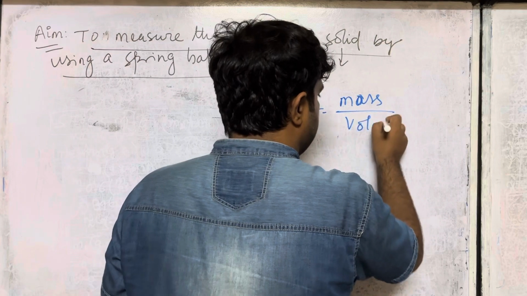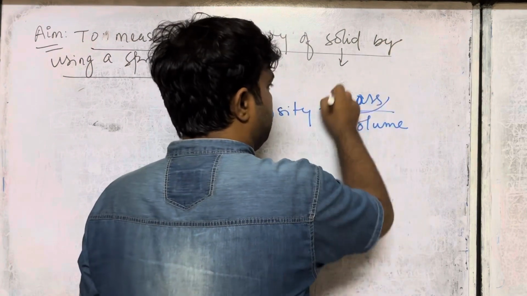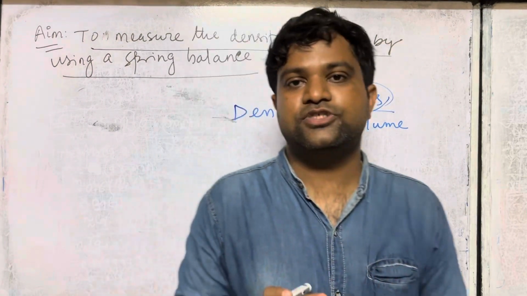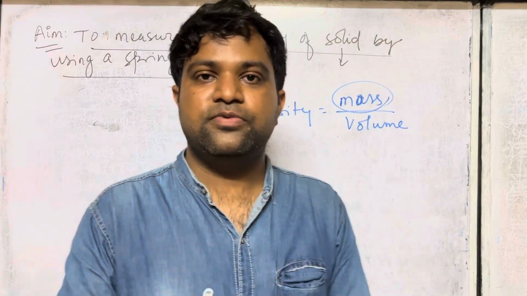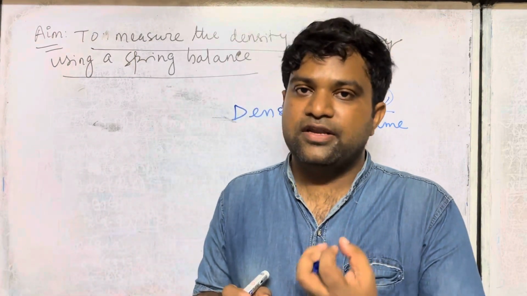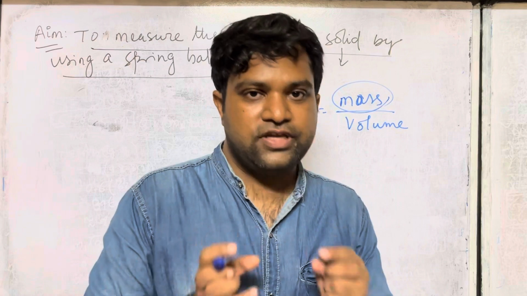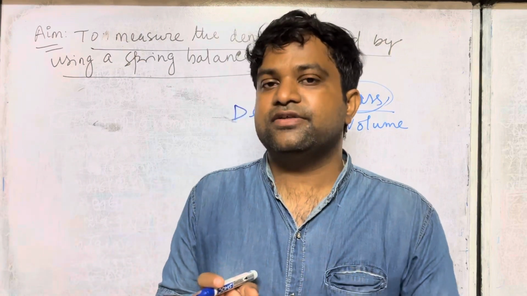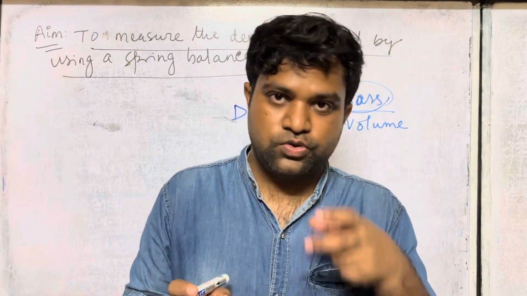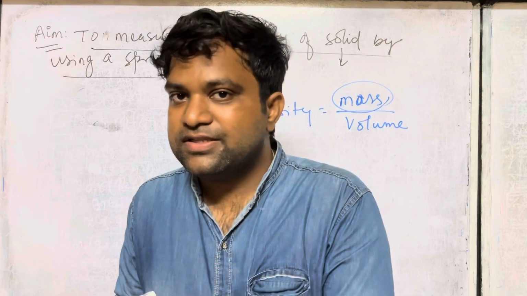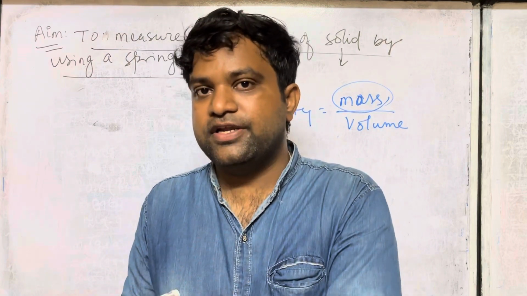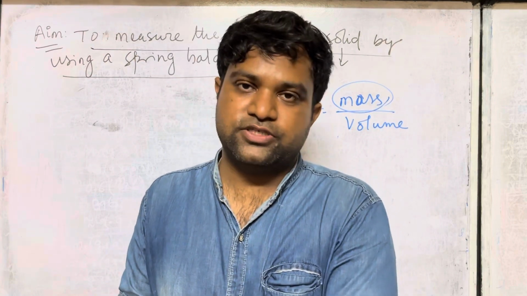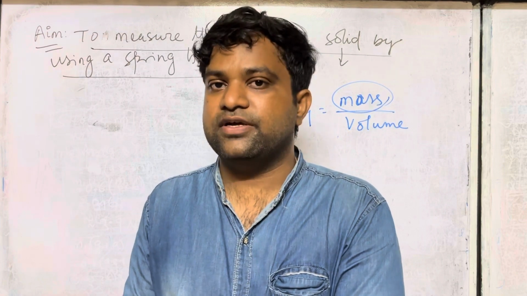Mass we will measure using the spring balance, and the volume of the substance we will measure using the liquid, that is our water. That's why we need a solid denser than water, because when we put it in the water, it should immerse completely or sink.